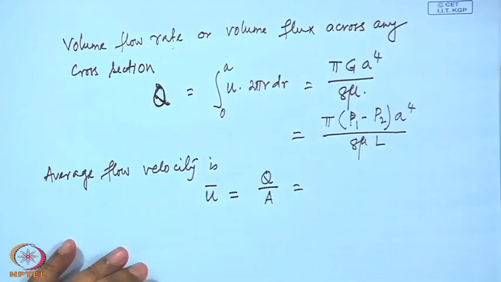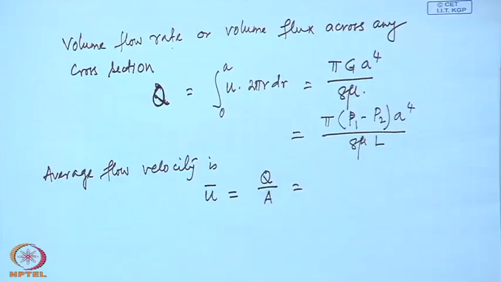Or in terms of g, at least we will write g because that is shorter to write. In terms of g, it is g a square by 8 mu.